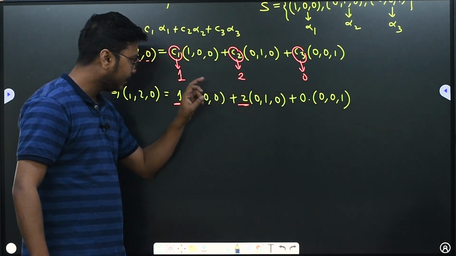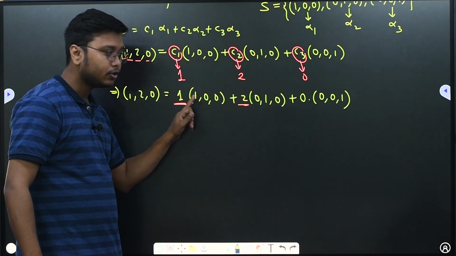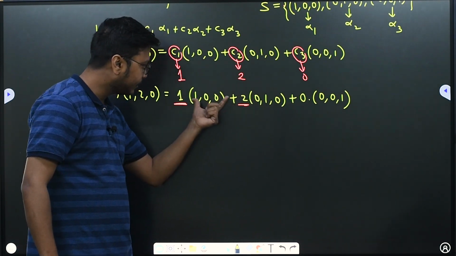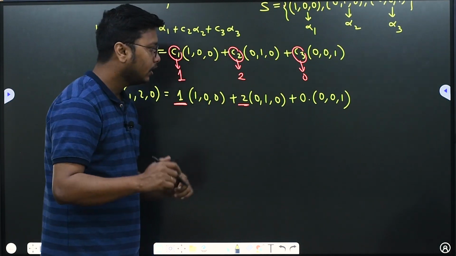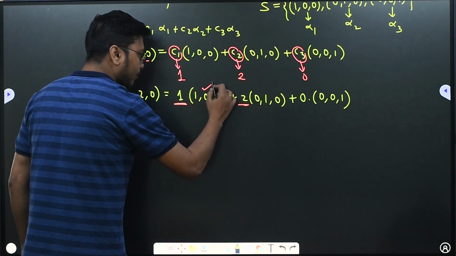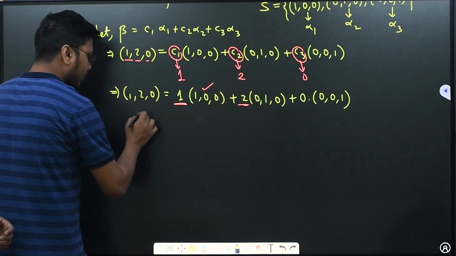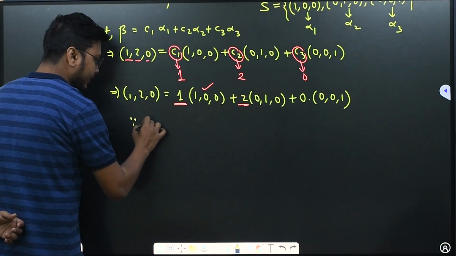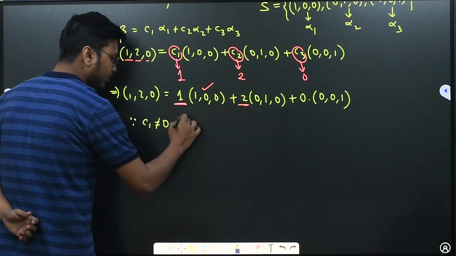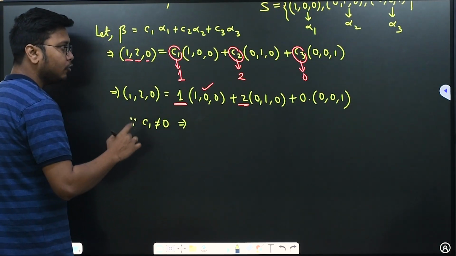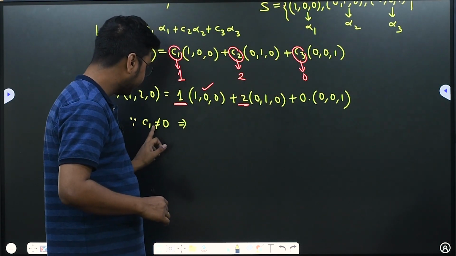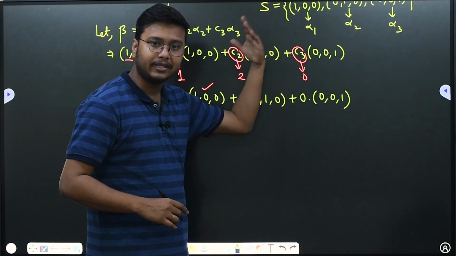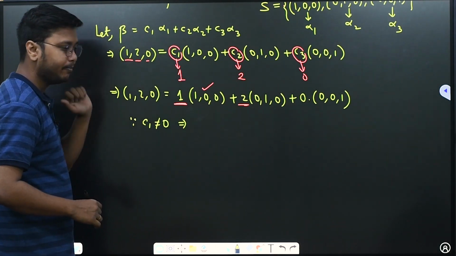Which elements can I replace? I can replace the alpha 1 element or the alpha 2 element because their constants are non-zero. Whichever one, I can replace. So let me replace the alpha 1 element. Since C1 is non-zero, the new basis would be obtained by replacing alpha 1, the vector corresponding to C1, by the element beta.